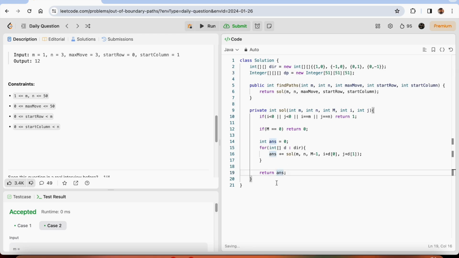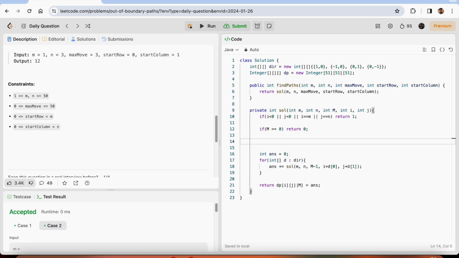And here, before returning the answer, I will store it against the values of i, j, and capital M. As I am storing my processing, before starting the processing I will check whether we have already cached the answer or not.